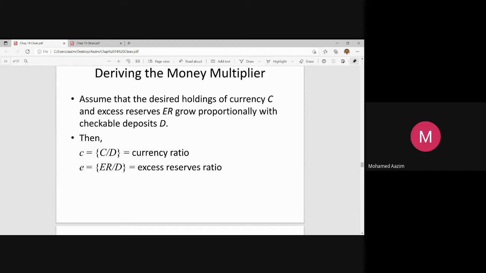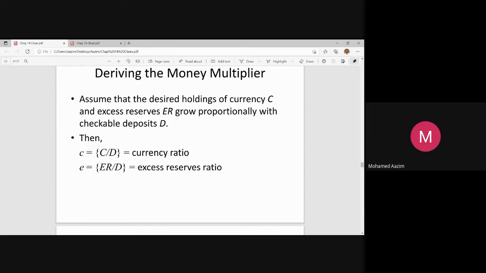So we have to take a rational view here. These holdings of currency and excess reserve amounts also grow proportionally with checkable deposits. That means when the checkable deposits increase, you probably see, in absolute value, the holdings of currency and excess reserves also increase.